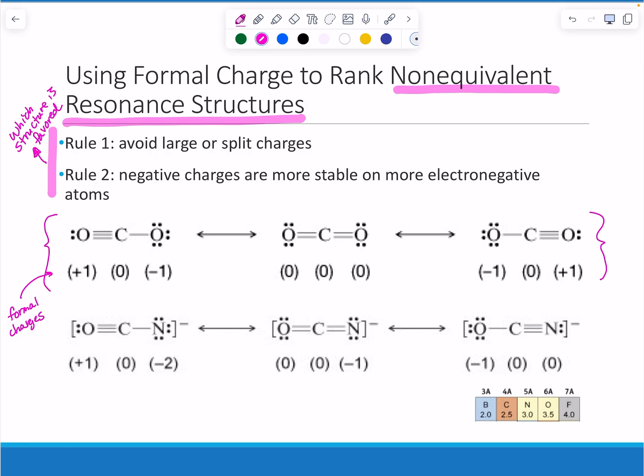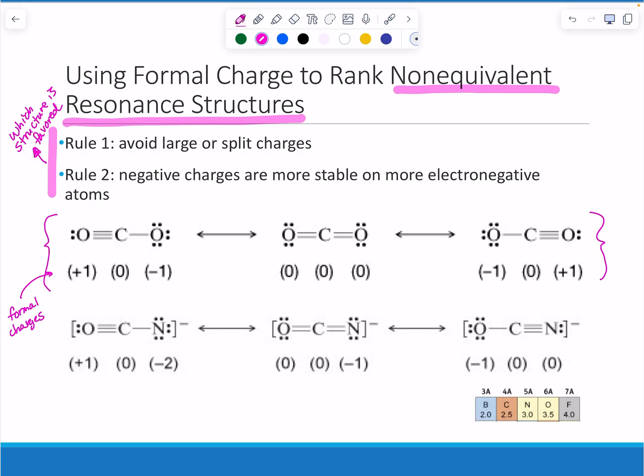And so an arrangement of electrons, because that's what our Lewis structures are, is going to be more favored if it's possible to avoid separation of charge. The system is going to exist more in that state.